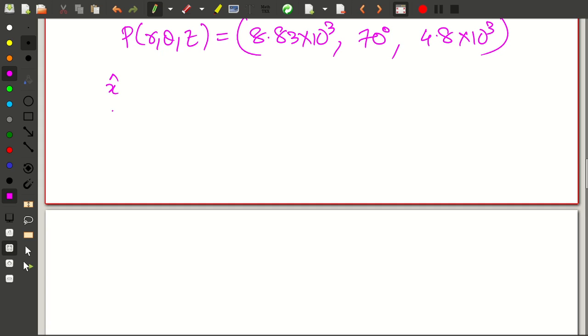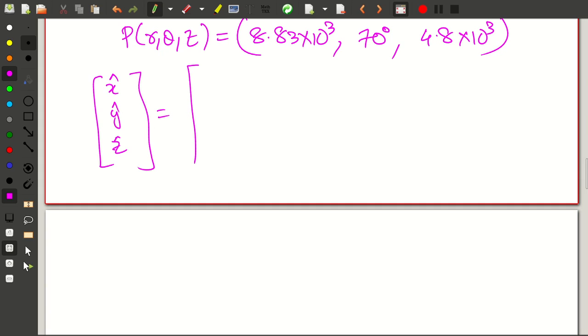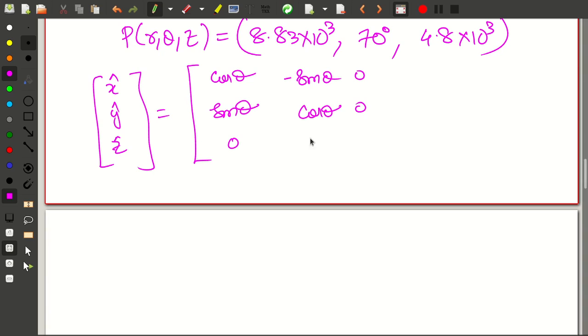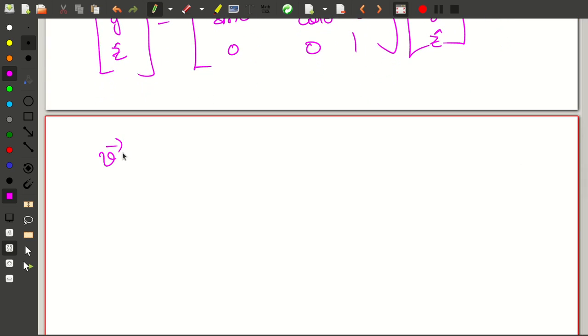You have x cap, y cap, and z cap related to the cylindrical polar coordinate system through the matrix cos theta, minus sin theta, 0; sin theta, cos theta, 0; 0, 0, 1, multiplied by r cap, theta cap, z cap. So this is the transformation equation. Now you have velocity v equal to 190.5 y cap plus 110 z cap.